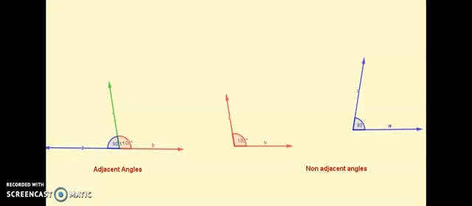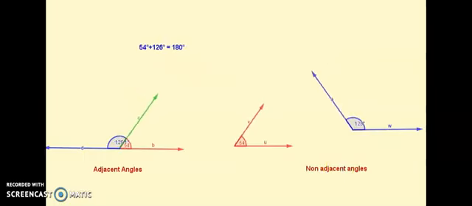Now observe, children, what is the sum of a pair of angles in both the cases? 100 plus 80, 180. Even here 100 plus 80, 180. So let us change the values and see what's happening to the total.